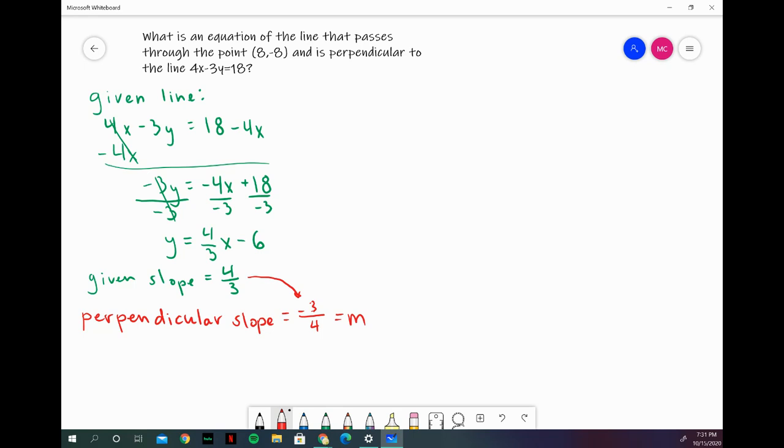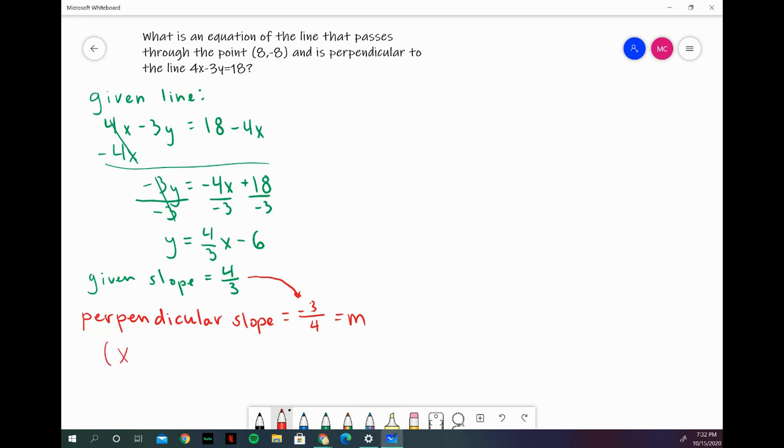That is step 2. I know that this is going to be my slope because my line is going to be perpendicular, so it's going to be the negative reciprocal. Now the next thing I need to do is plug in my given point and my new slope into the point-slope equation.